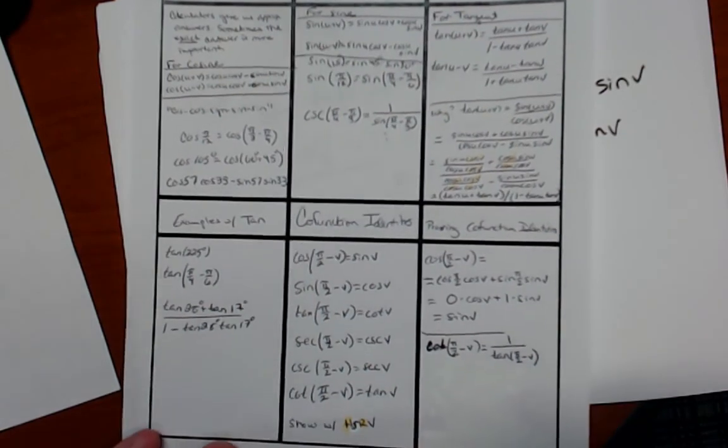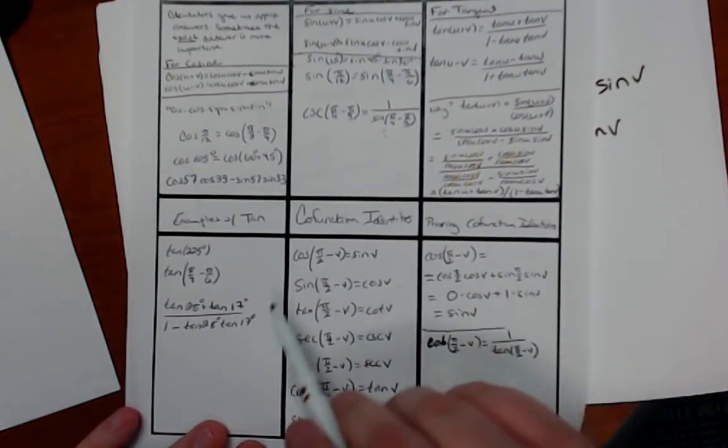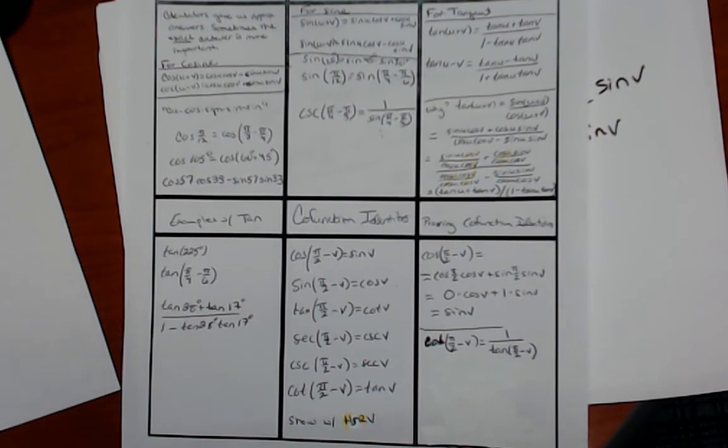If you don't want to memorize these 6 cofunction identities, don't. I want you to know they have a name, that they're a class, and that they're helpful sometimes when we're working with some of our angles.